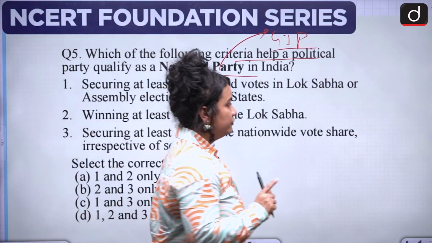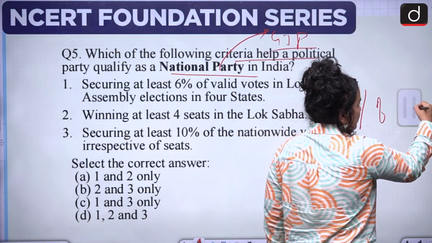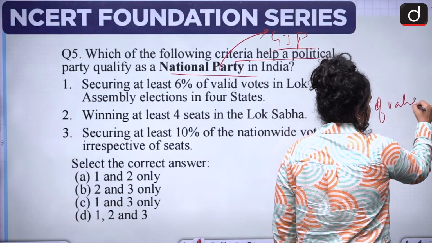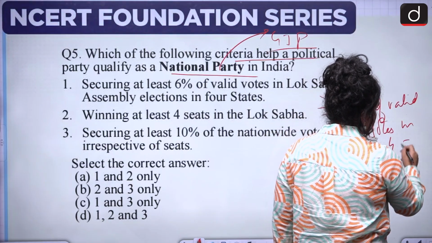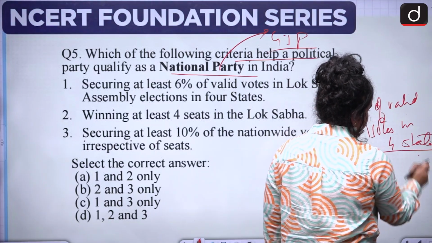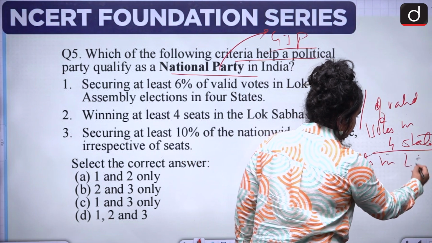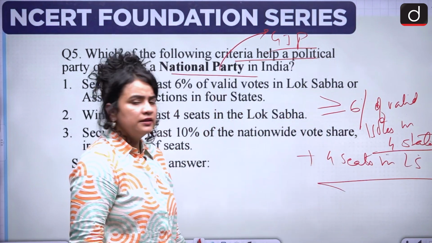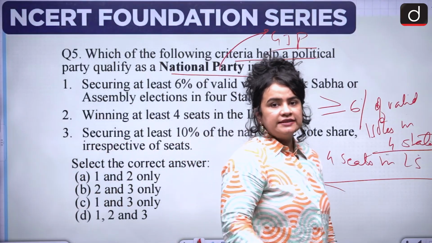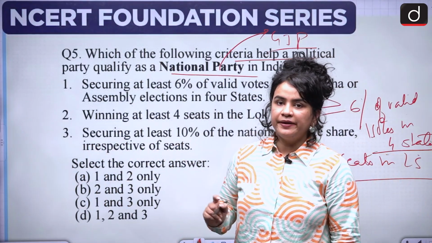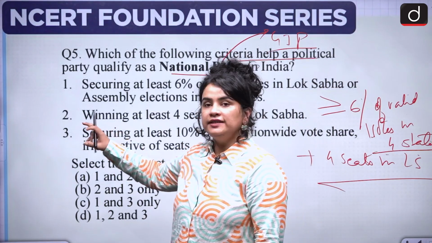That it should win greater than or equal to 6% of valid votes in 4 states, plus 4 seats in Lok Sabha. This is the simplest criterion, and this is what has been given in your 10th class NCERT as well. We are taking this as our basis. Of course, we'll get to further nuances as the series progresses.